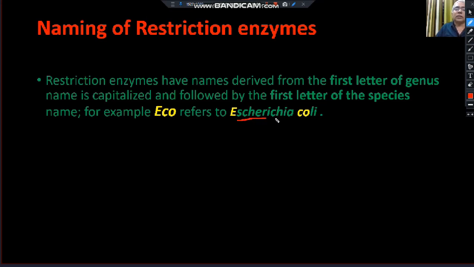सपोज कोई एंजाइम एस्क्रिचिया कोलाई से निकाला जा रहा है, तो इसके जीनस का पहला लेटर है E, that is here it is written E, और स्पीसीज में फर्स्ट 2 लेटर्स हैं CO कोलाई में, तो इस तरीके से E और CO मिला करके Eco नाम हो गया रिस्ट्रिक्शन एंजाइम का.